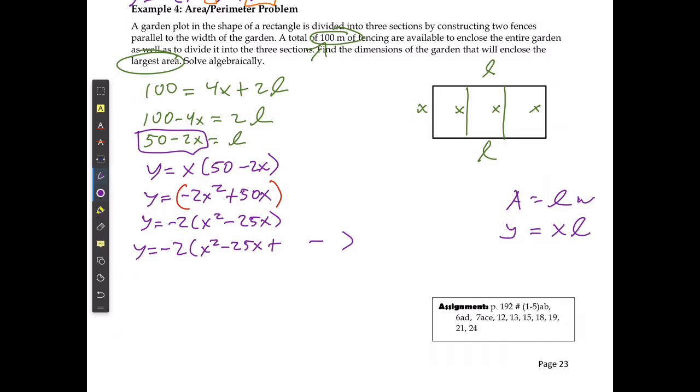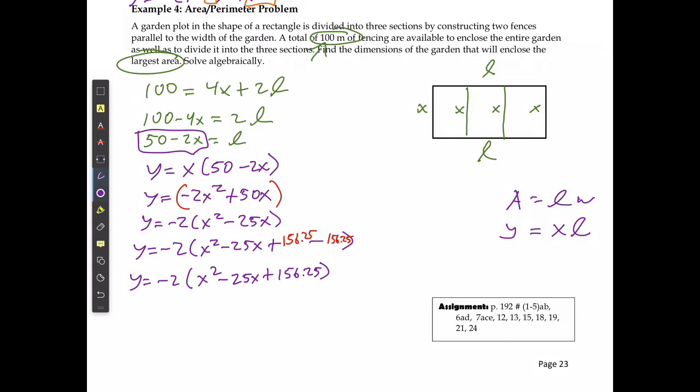And half of 25 is going to be 12.5. When I square that, I'm going to get 156.25. Now, I'm going to move the negative 1 out. Y is equal to negative 2 bracket X squared minus 25X plus 156.25.